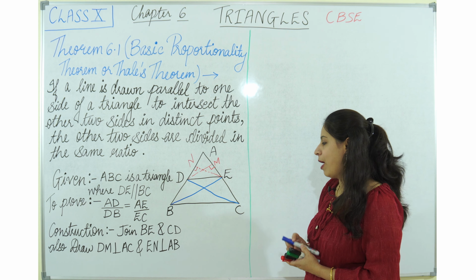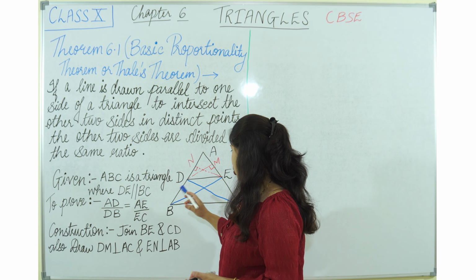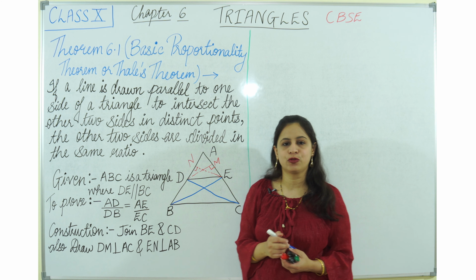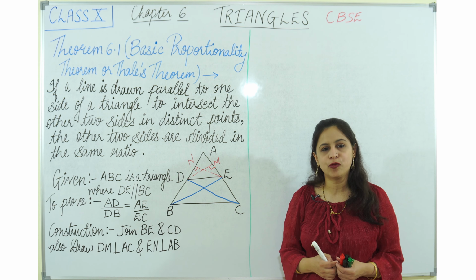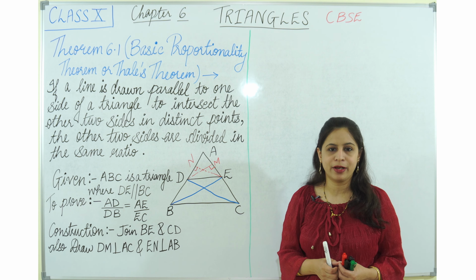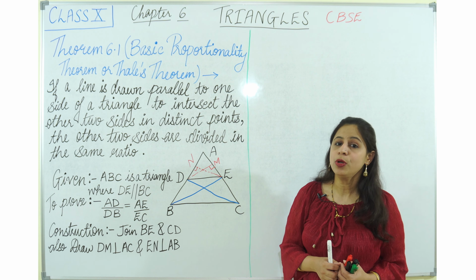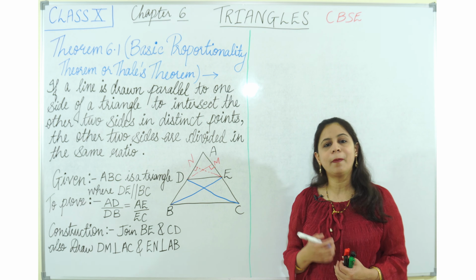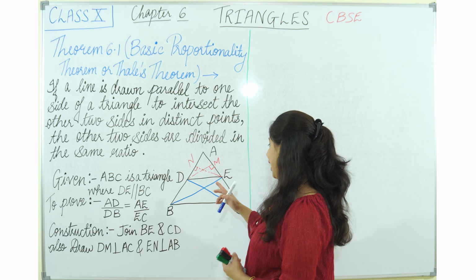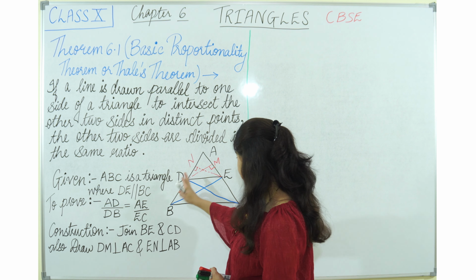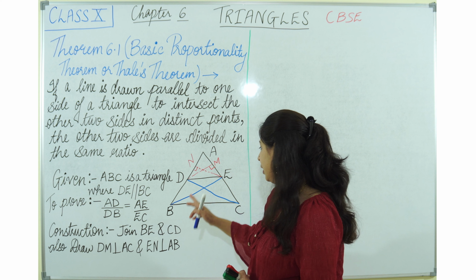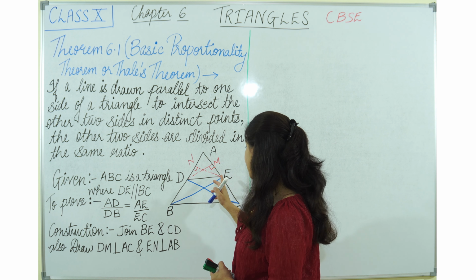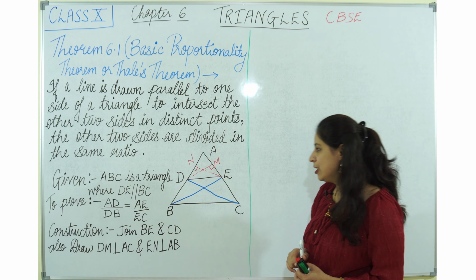Now let us take the triangles. We will be applying the concepts of triangles which we studied in class 9. We already know the area of a triangle is given by half base into height. We are going to apply this here. First let us take triangle ADE. The area of triangle ADE will be equal to half base into height.